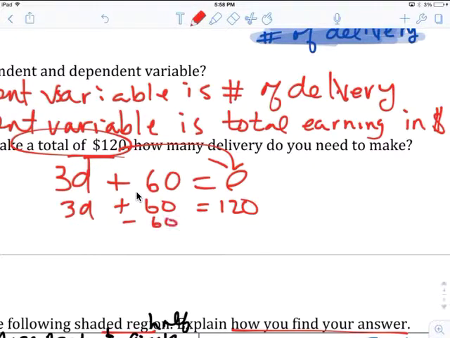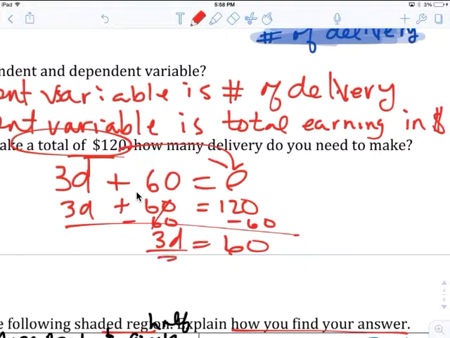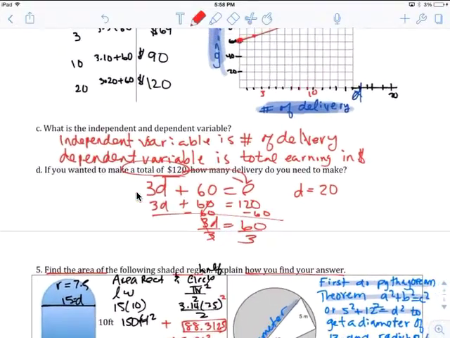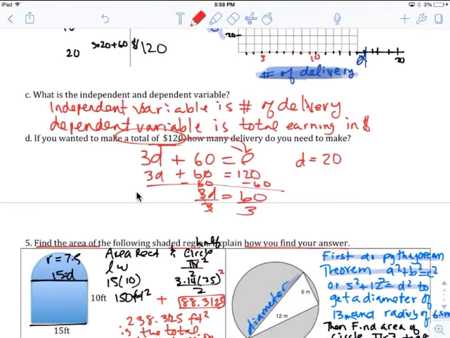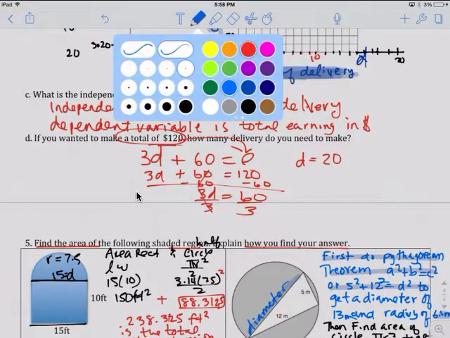Minus 60: 60 equals 3D. Divided by 3. D stands for deliveries. You have to make 20 deliveries to make $120. That is a lot of deliveries.